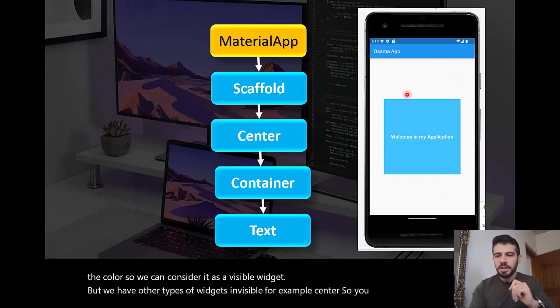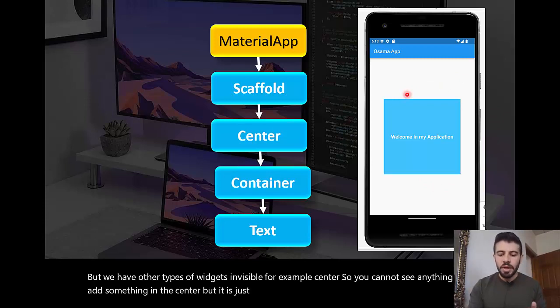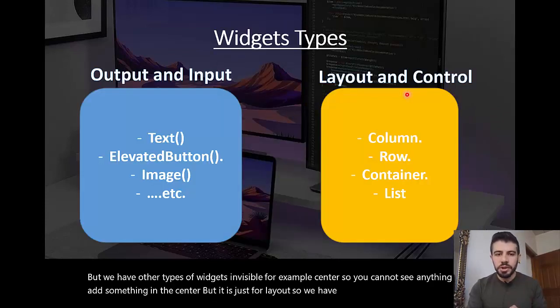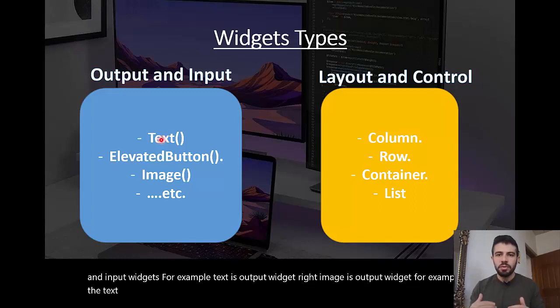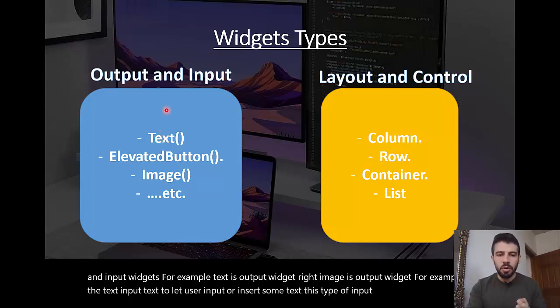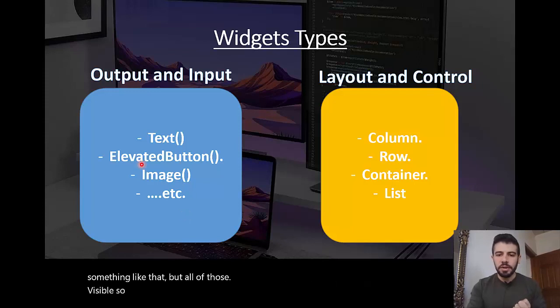You cannot see anything, it just adds something in the center, but it is just for layout. So we have here two types of widgets, output and input widgets. For example, text is an output widget, right? Image is an output widget. The text input, to let the user insert some text, is an input widget, something like that. But all of those are visible, so the user can see everything.